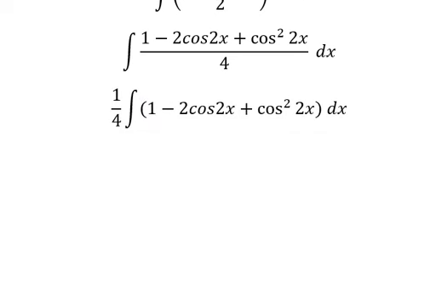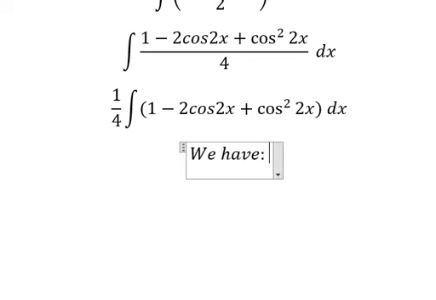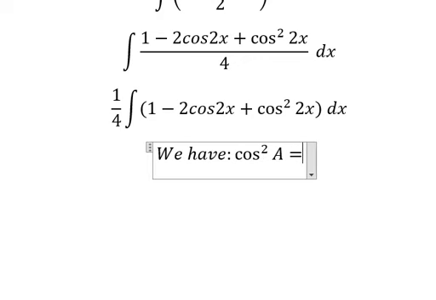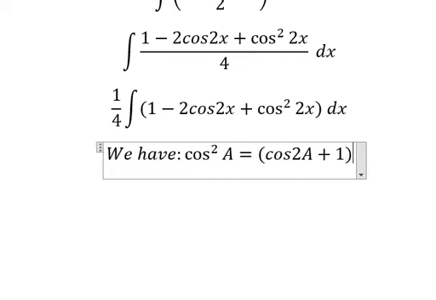Next, we have the second formula. Cosine squared a equals cosine 2a plus 1 over 2.